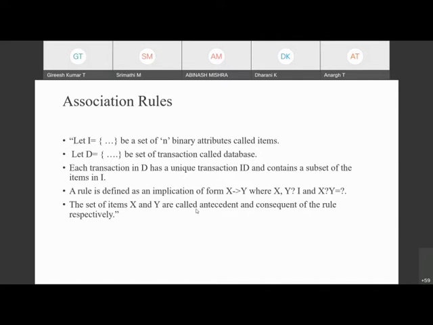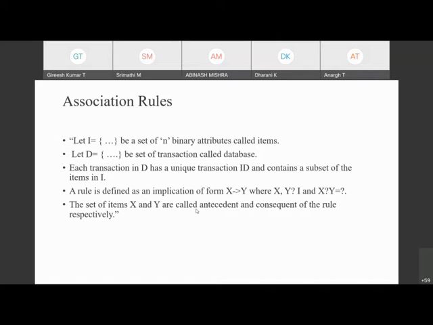For example, the antecedent is that you failed one paper in one semester. What is the consequence? You failed that subject, and you failed in that particular semester. So that is the consequence, if-then.